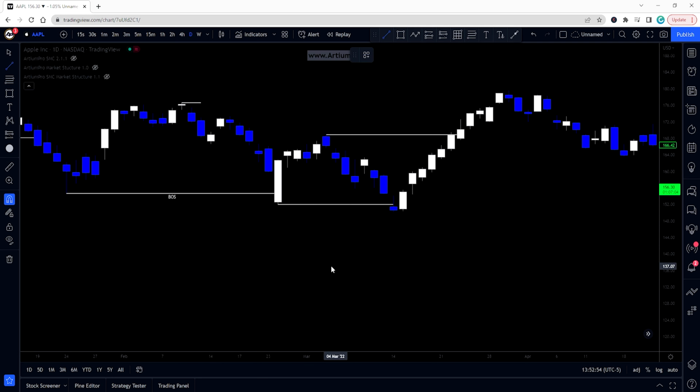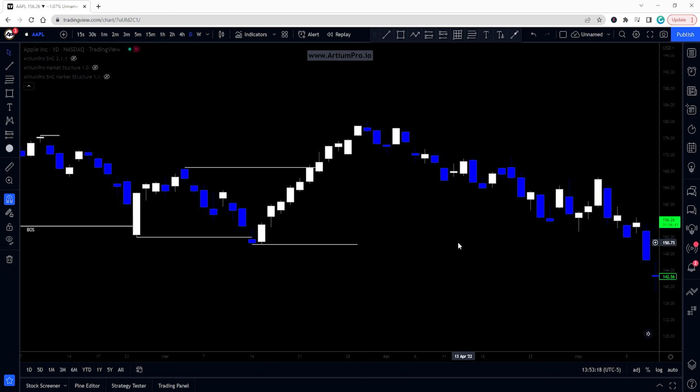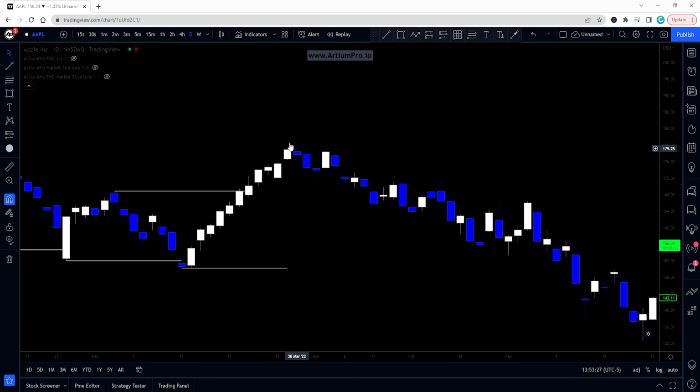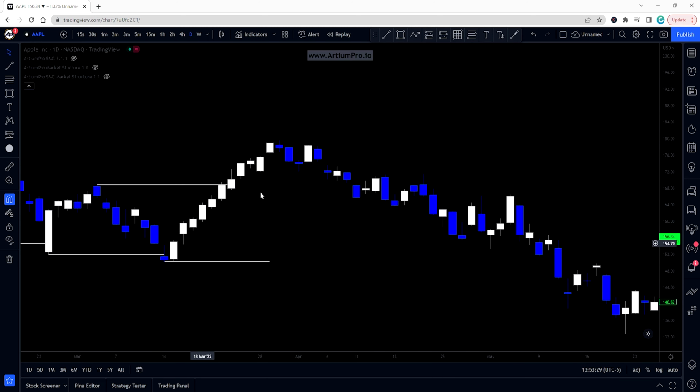Okay, so it gets pretty simple once you've got your range in place and we're just breaking structure. The same thing occurs here. We've just broke the high, we've confirmed a new low with the break. Now we're going to determine where our high is so we can get our range.